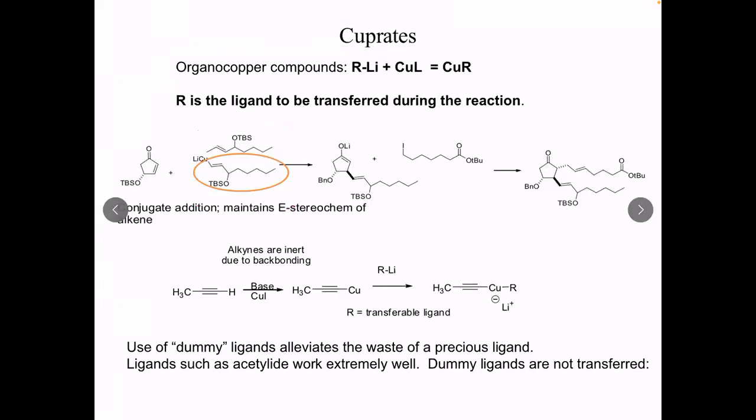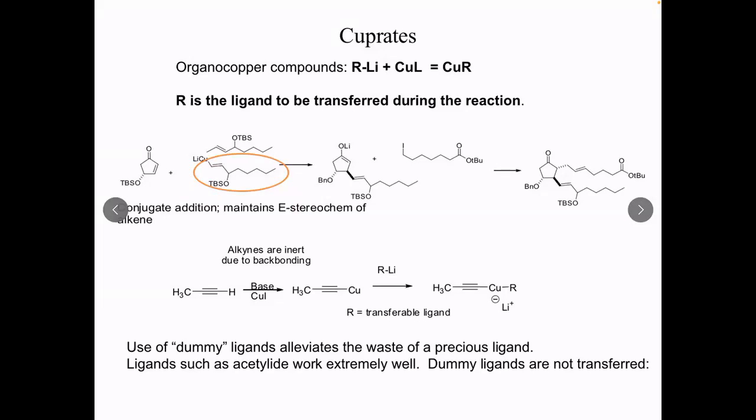Normally you take 2 equivalents of a vinyl lithium and you react it with like copper iodide or something like that, right? So to build that up, you add two alkyl lithiums or organolithiums to copper. So you're going to end up with this cuprate with these two groups on it.